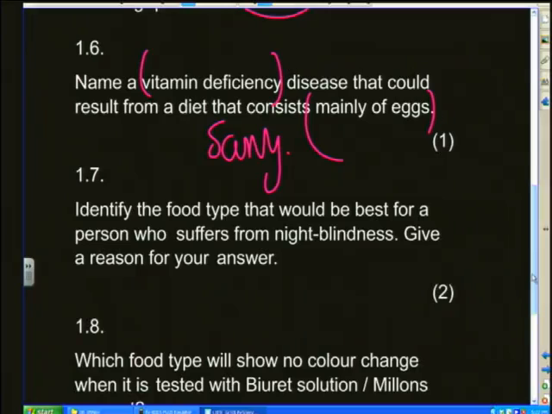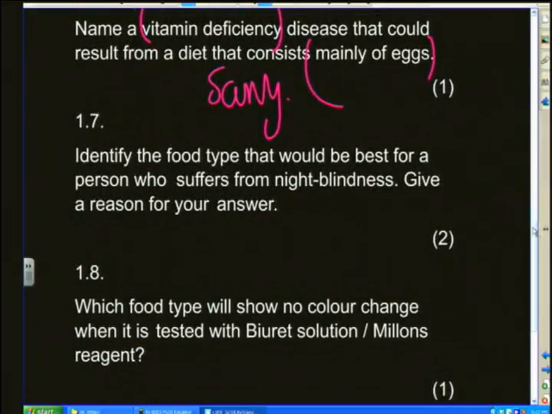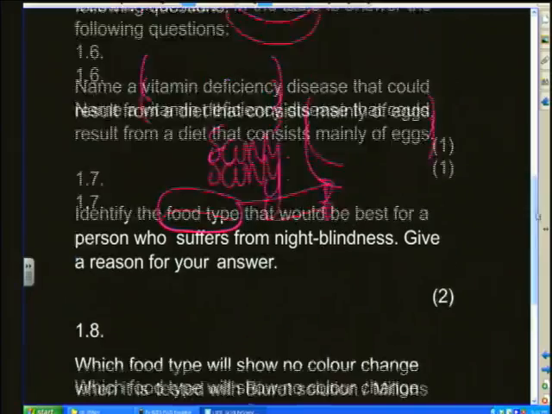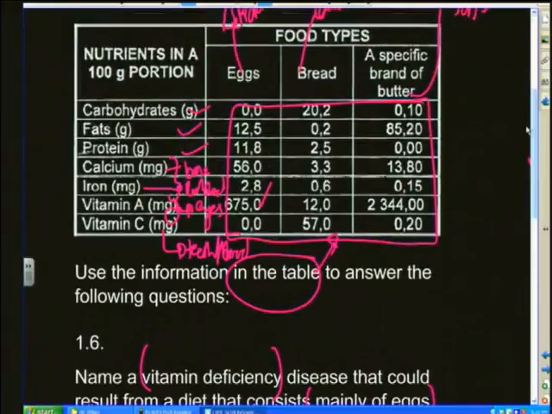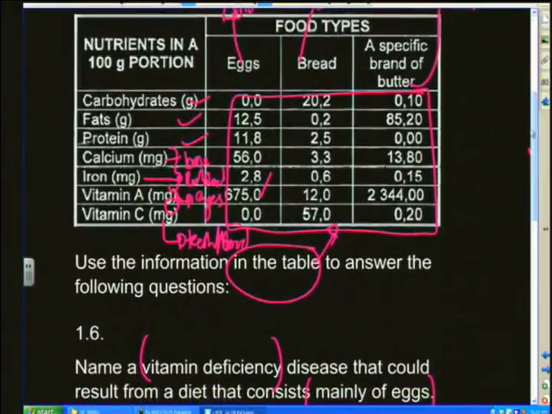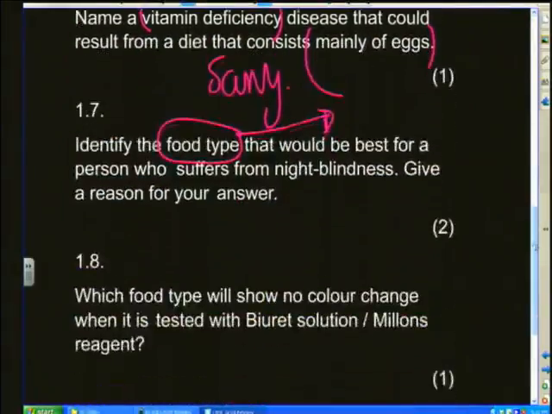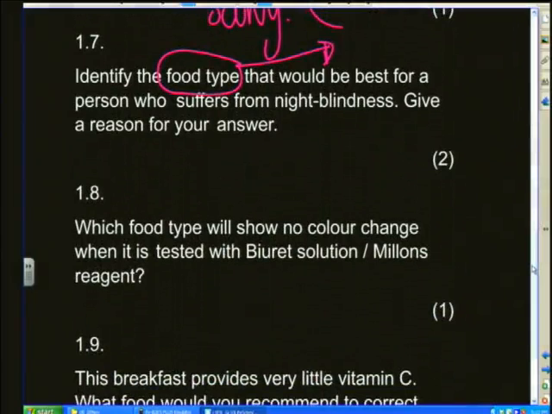Now, question number 7. Identify the food type. They're not asking for the vitamin. You had 3 food types. Your answer is egg, bread, or butter, one of the 3. Now we carry on reading: that would be best for a person who suffers from night blindness. Let's go back.